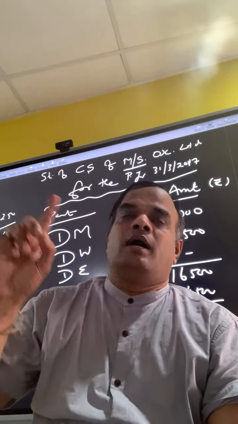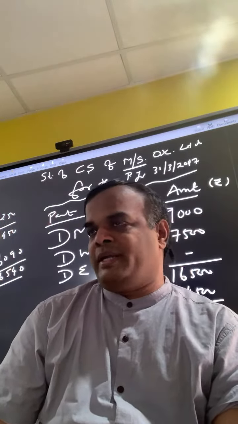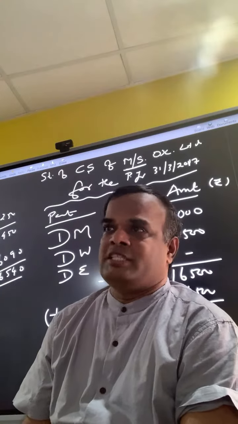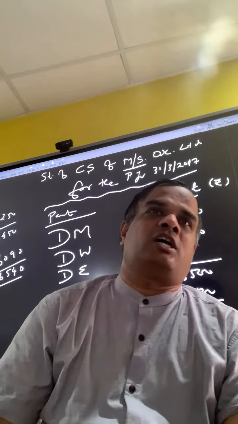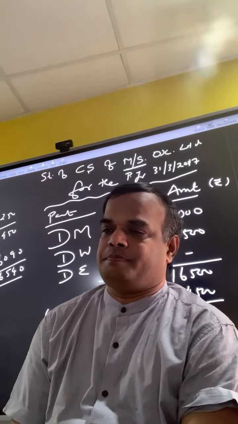Up to prime cost, is it over or not? Add factory overhead, add opening stock of WIP, less closing stock of WIP. The total is called cost of manufacture. You can write cost of manufacture.